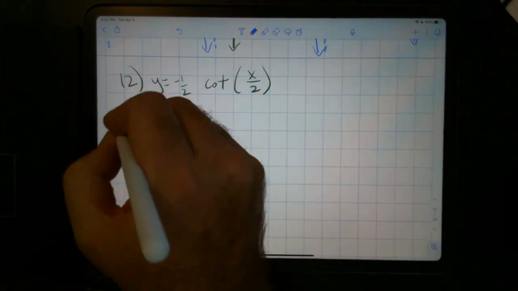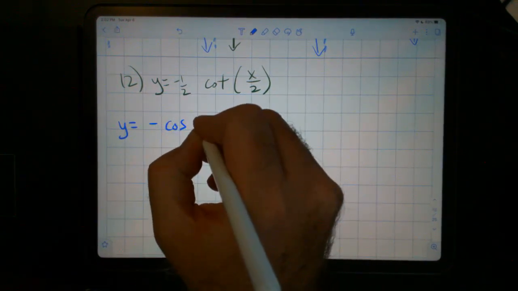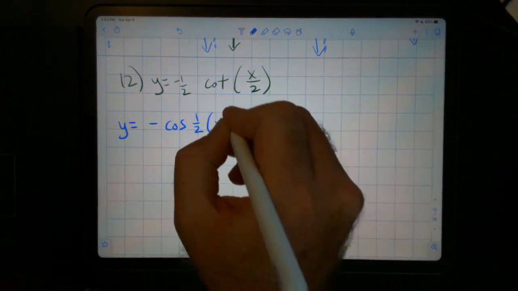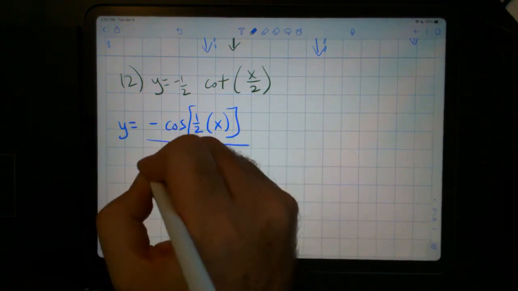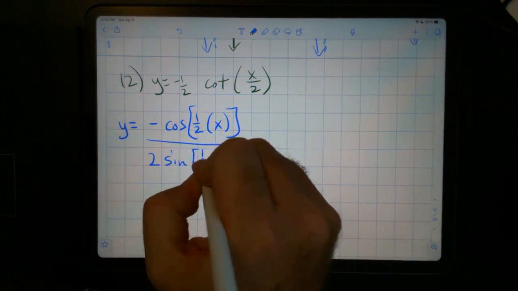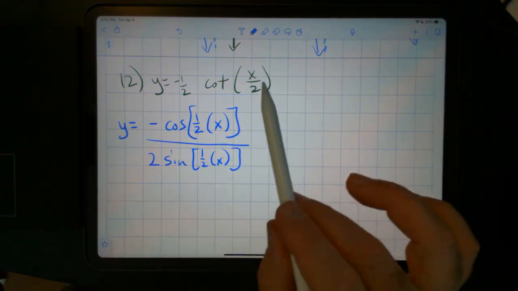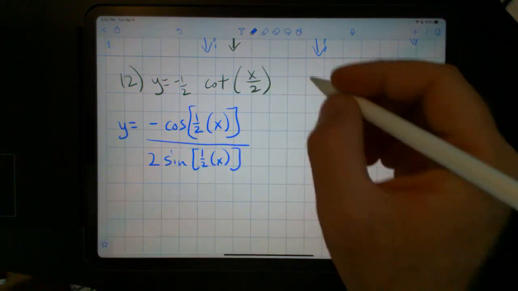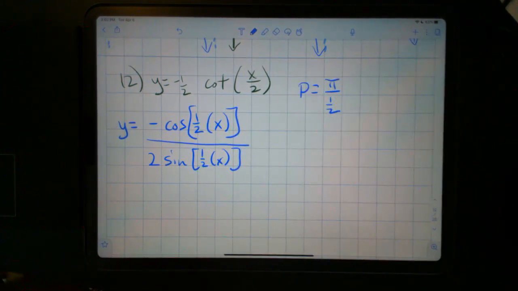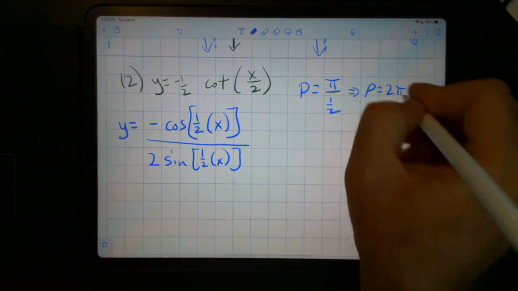So this is the same thing as y equals cotangent of x over 2, just emphasizing that x over 2 is the same thing as 1/2 times x. So when we look for our period, it's going to be pi over 1/2, pi over b. So this implies that the period is going to be 2 pi.